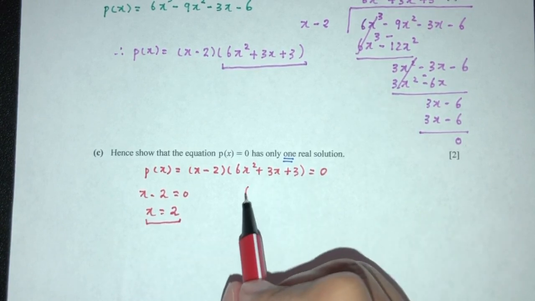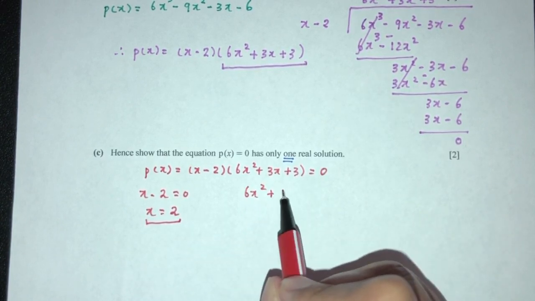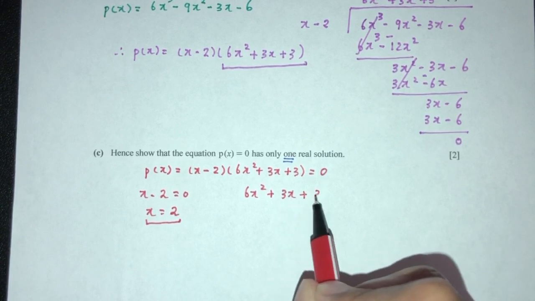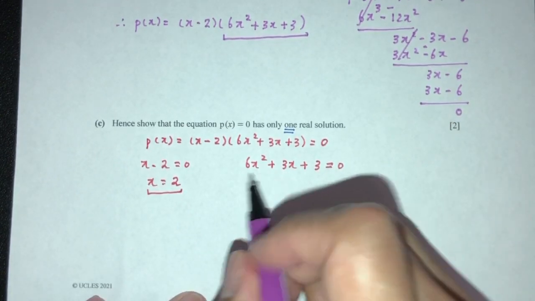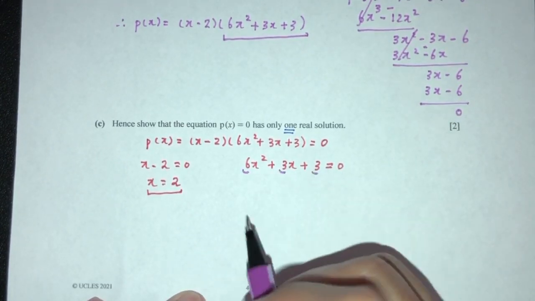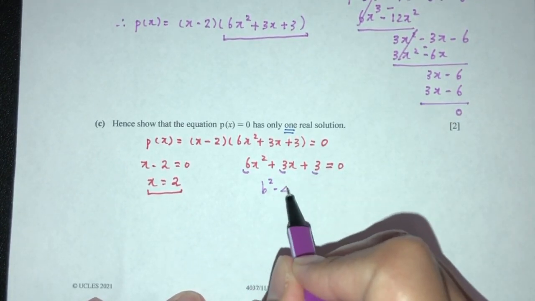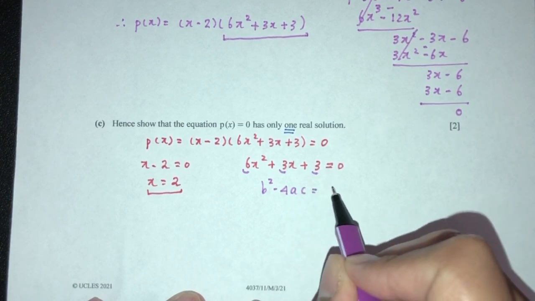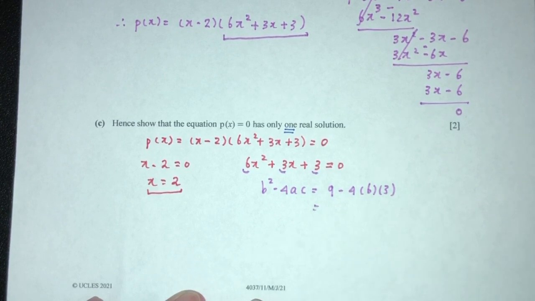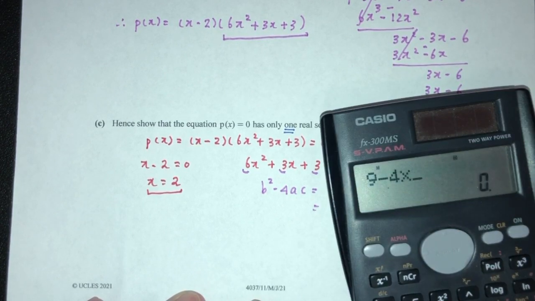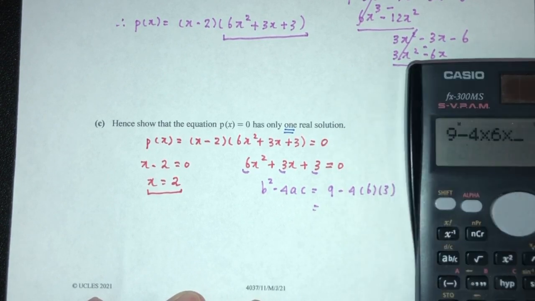Now for this one, it is a quadratic function. Let's see if we can solve this one or not. So let's see if we have a real root for this one or not. So check. This is a, b, and c, right? So b squared minus 4ac will be 9 minus 4 times a times c.